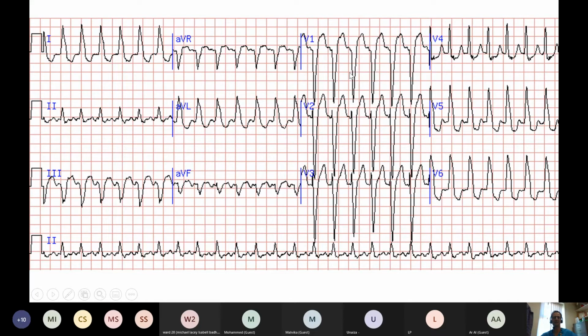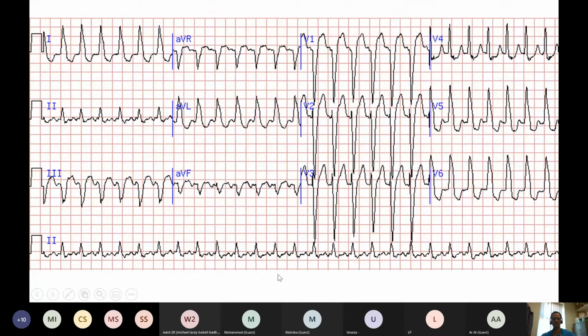The fact that it's negative in V1 points strongly towards it being left bundle branch block, but there are lots of different forms of it. And because a VT has to be either left or right bundle branch block in morphology. But here, because we've got our V and our R, this is typical left bundle branch block. So typical left bundle branch block, it's tachycardic.